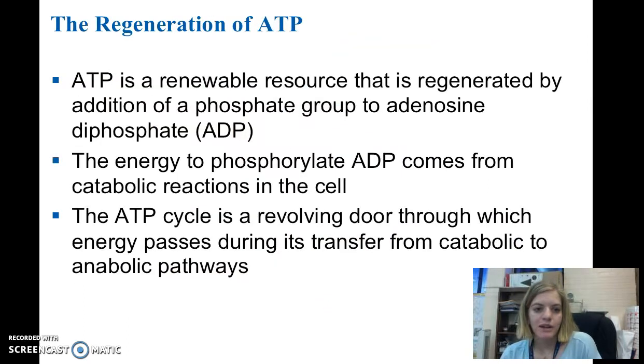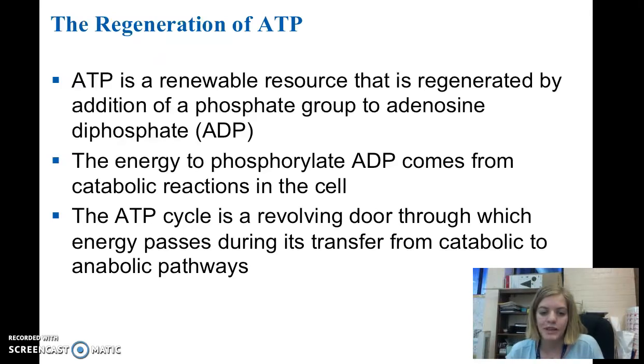One last important piece of information is about the regeneration of ATP. So this is a renewable resource in the cell, and ATP is regenerated by the addition of a phosphate group to an ADP, so essentially just the reverse reaction. And the energy required for this process, this is an endergonic process, because you remember the reverse is exergonic.